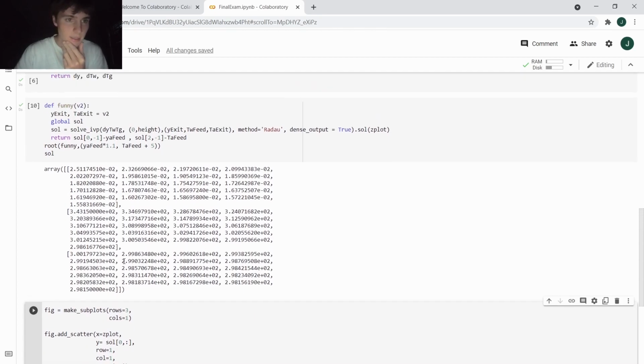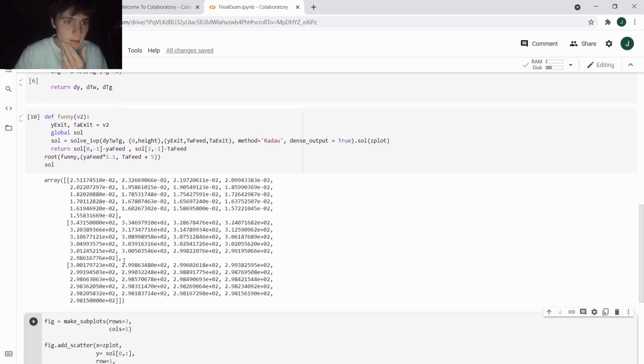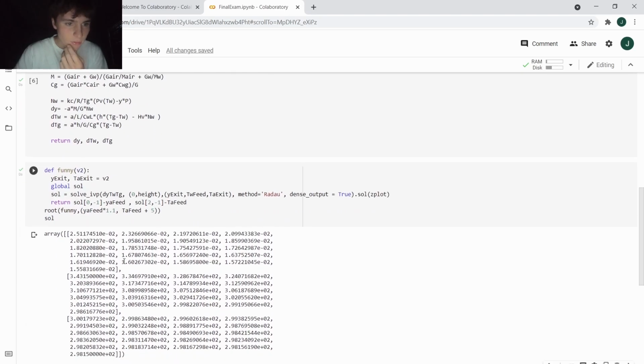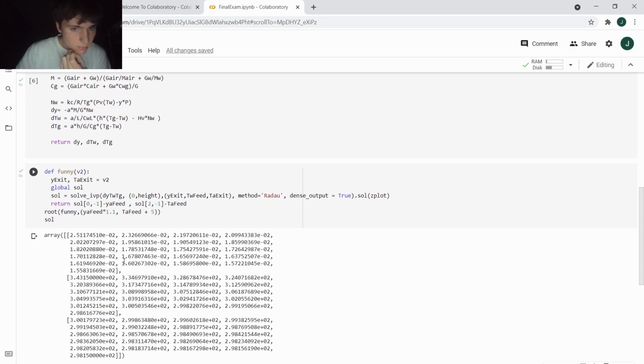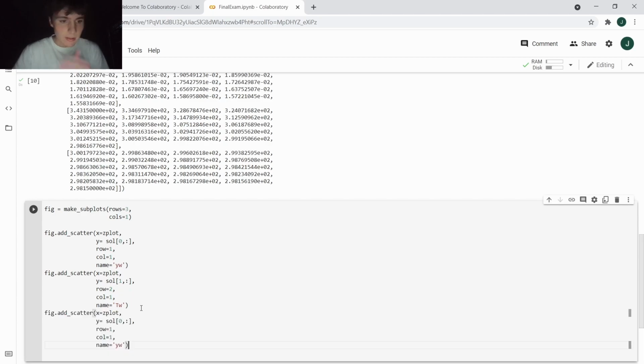This is the temperature of the water. And now we just want to graph the temperature of the air. We'll graph that in the third row, and we'll see what we got.